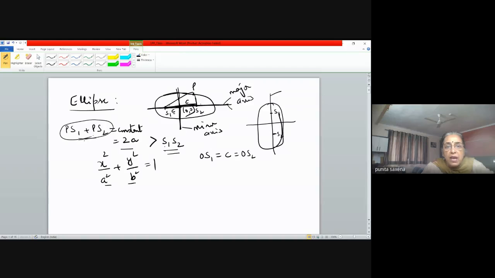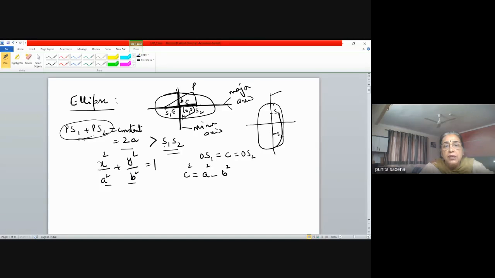I'm not going into the proof, but we have the condition that C square is equal to A square minus B square, where B is the endpoint of the minor axis.